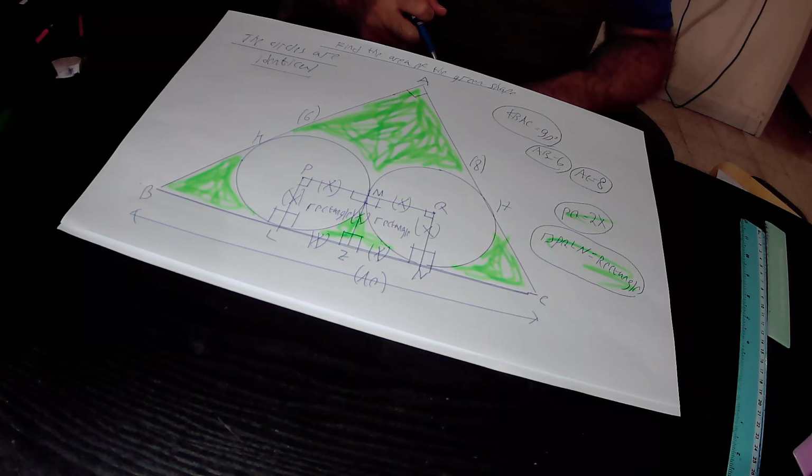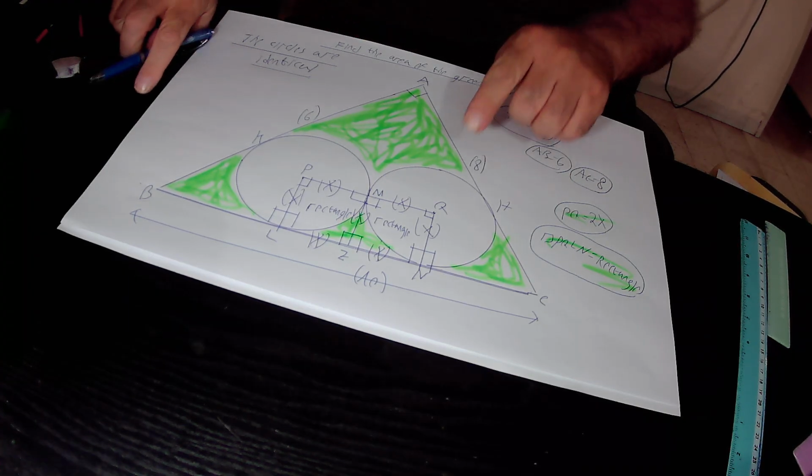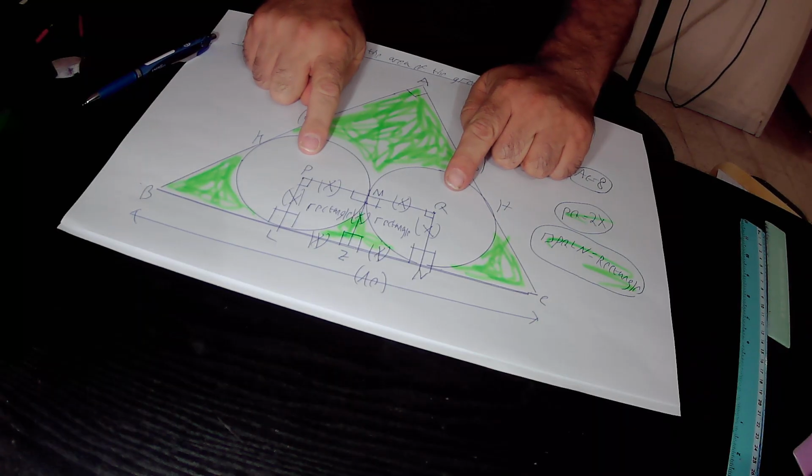So here, we can implement rule 10 in our drawing. Actually, according to rule 10, we find out that PQ in total equals X plus X, that is 2X.